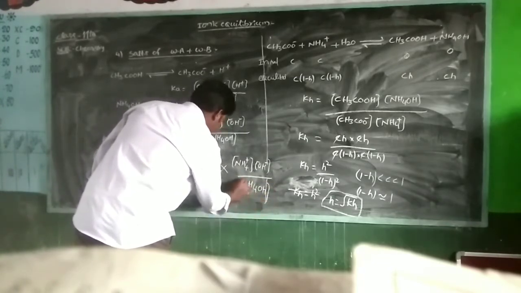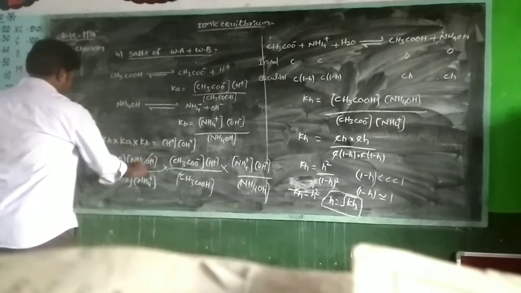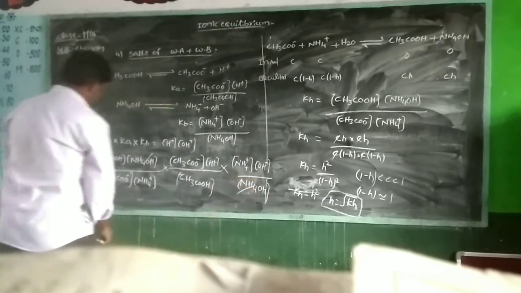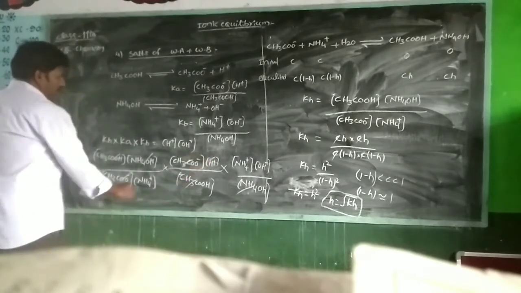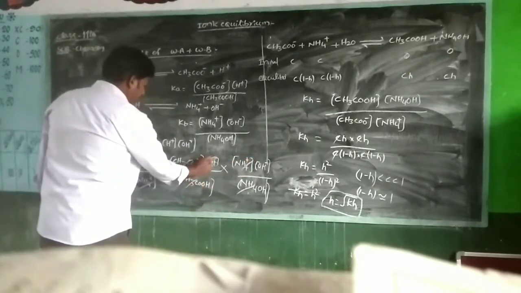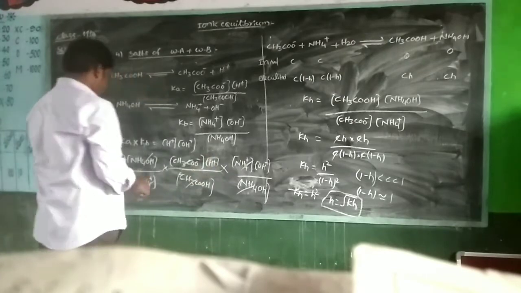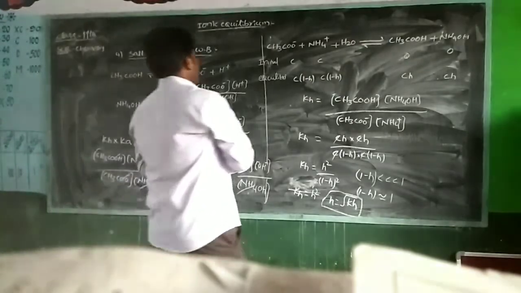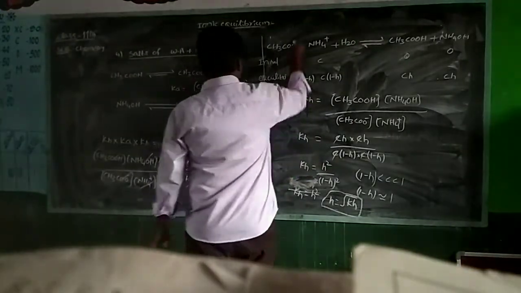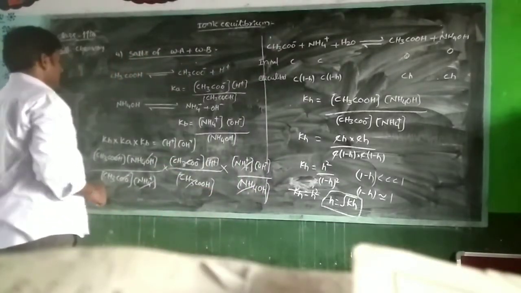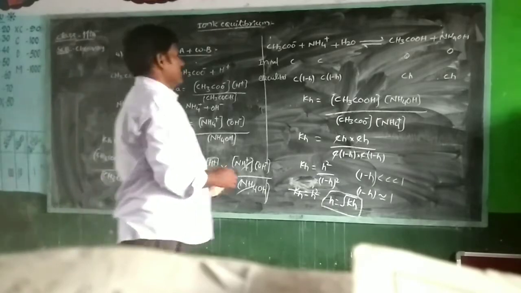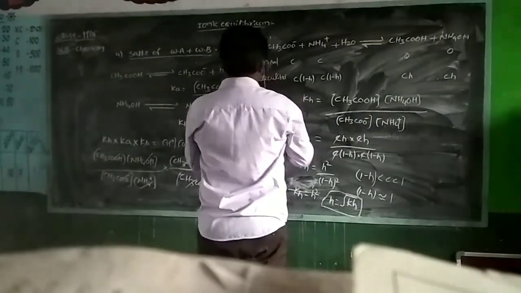NH4OH cancels, CH3COOH cancels, and CH3COO minus and NH4 plus also cancel. So KH into Ka into Kb is equal to only the remaining H plus and OH minus concentration.